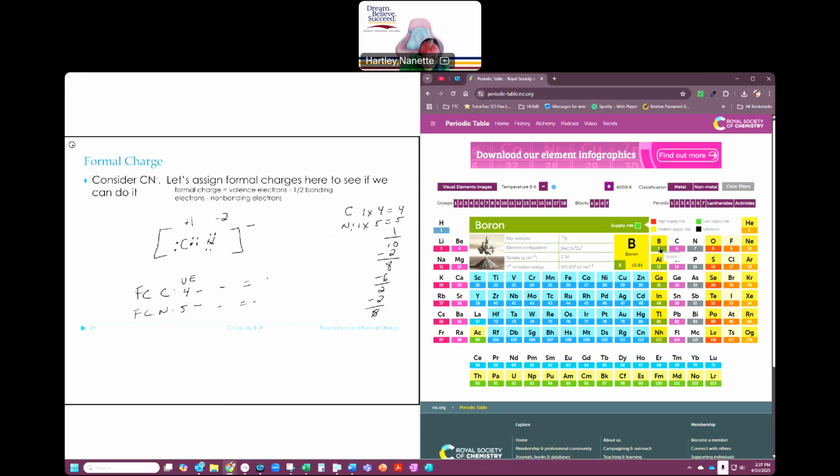So I now have 2 electrons in the bonds, and the number of lone pair electrons on my carbon has not changed, but it has on my nitrogen. So carbon has 4 valence electrons, has 2 bonding electrons, 2 non-bonding electrons, so he's a 0.